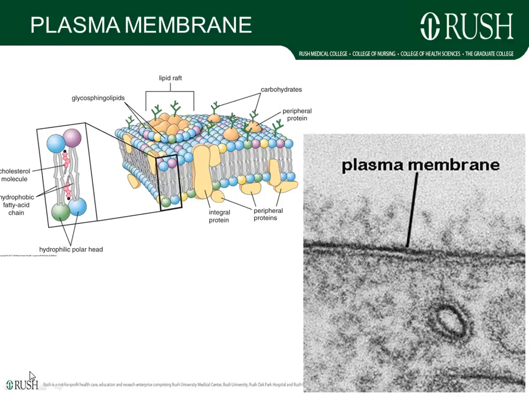And in this model, you can see that the membrane is comprised of a bilayer of lipid molecules called phospholipids, and these have a hydrophilic polar head and hydrophobic fatty acid chains or tail portion, and that is directed towards the center of the bilayer.